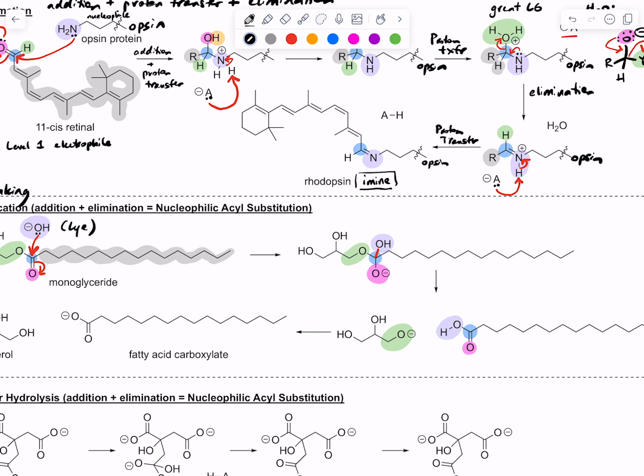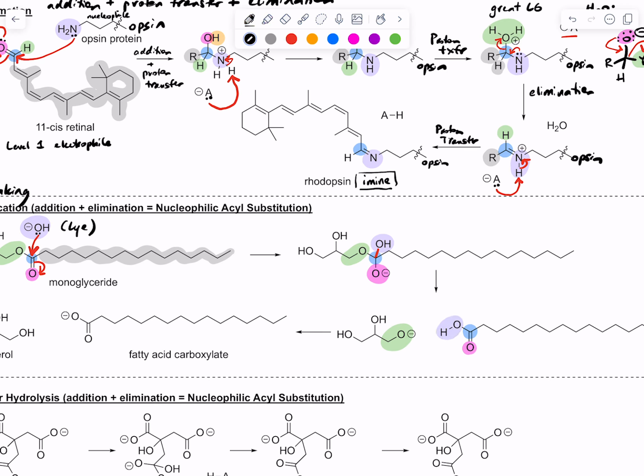Elimination. You can tell because an adjacent lone pair on the carbonyl oxygen kicked down and the leaving group left. All right. Good. And that first step was an addition step.